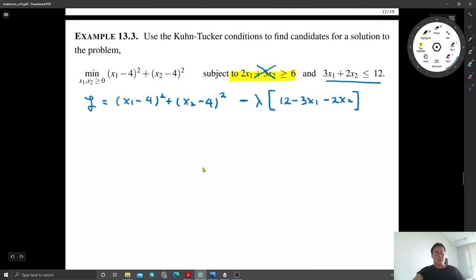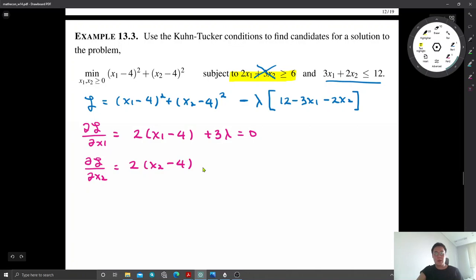All right, then we find the stationary point. With respect to x1, we obtain 2 x1 minus 4 plus 3 lambda and set it equal to 0. With respect to x2, 2 x2 minus 4 plus 2 lambda and set it equal to 0.